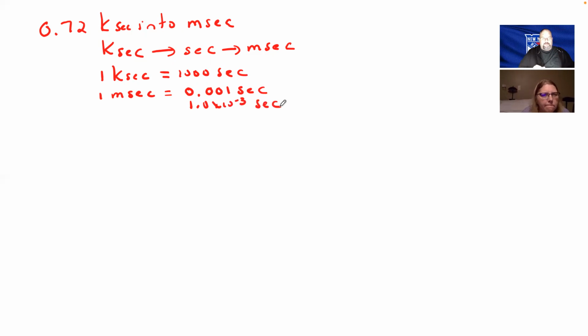Now, the other thing, just to point out, and you don't have to do this, but a lot of times with conversion factors, students sometimes don't like to work with fractions or decimals. So if we were to multiply both sides of this equality by 1,000, because when you have an equality, whatever you do to one side, as long as you do it to the other, the equality stays true, we end up with 1,000 milliseconds is equal to 1 second.